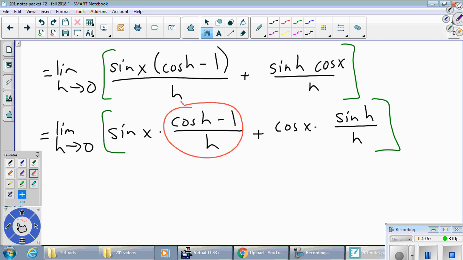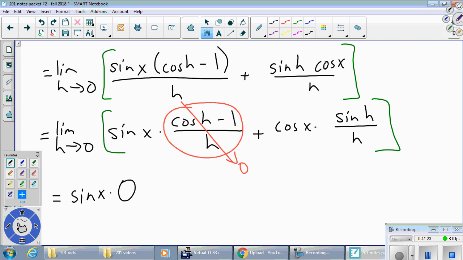And so this piece goes to 0. Now this sine of x looks like it's a variable quantity, but it isn't. The variable for this limit is h. Sine of x is just a constant. It is completely unmoved when h goes to 0, or h could go to anything. Sine of x doesn't care what h is doing. So this is really just sine of x times 0, and I'm not putting the limit anymore because we just sent h to 0.